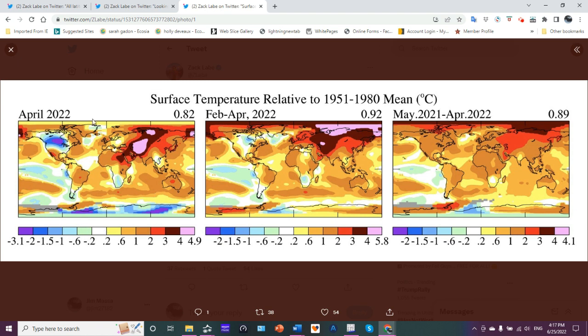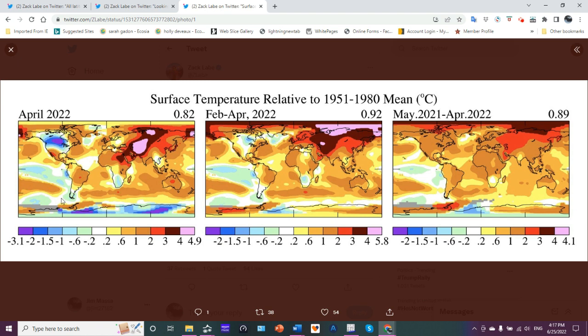So we have a couple places where it's a little cooler on the planet, like down in Antarctica. Now, April, of course, is autumn in the Southern Hemisphere, leading into winter. So cooling down is to be expected. Okay. Look at North America. North America was the cool spot on the planet.